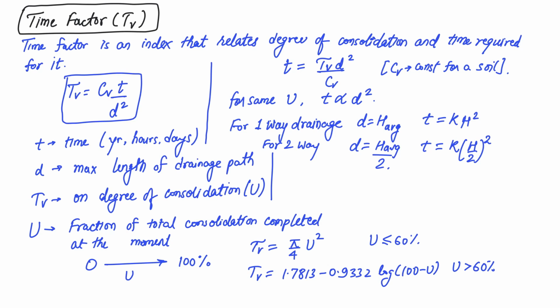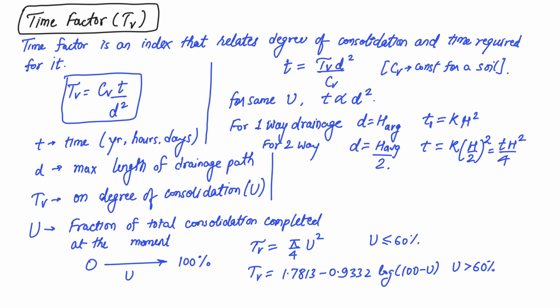So that is why those two values are constant. But with the drainage condition, obviously the drainage path will change. Yes or no? In that particular case, for the two-way drainage, this is equal to T into H square by 4.